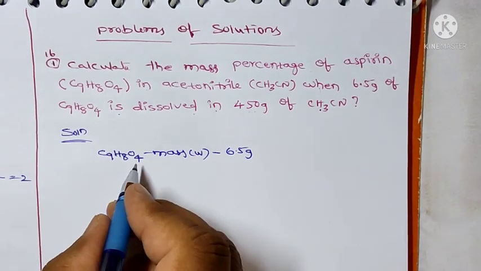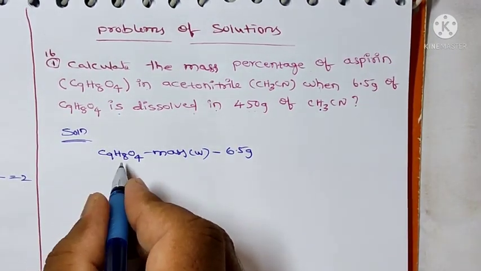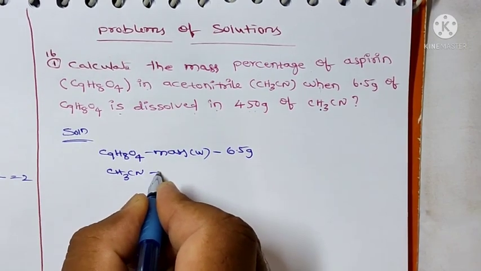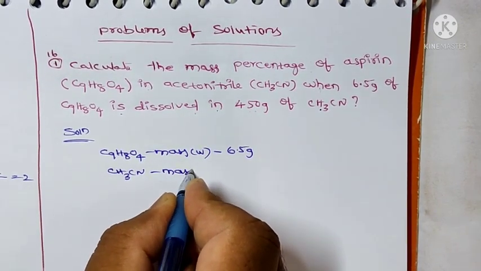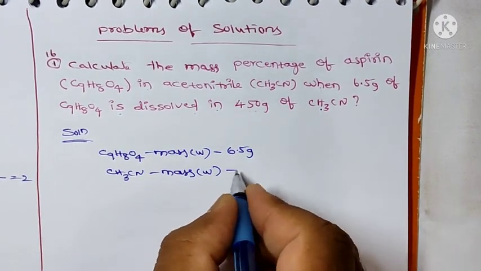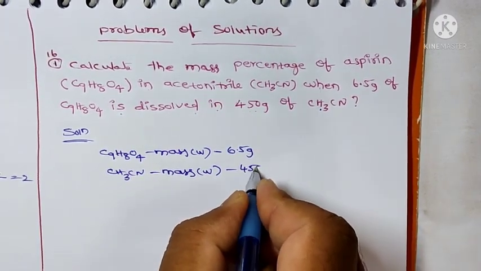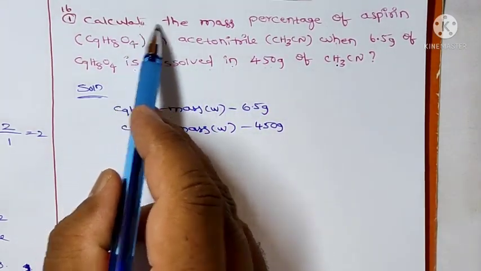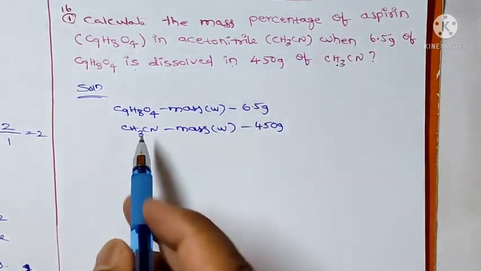So the acetonitrile, CH3CN, weight is 450 grams. Now we have to find out the mass percent of aspirin.